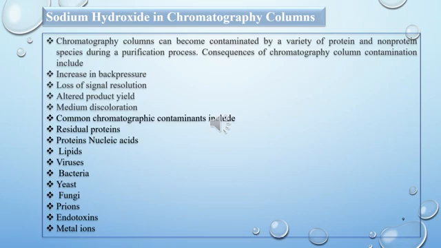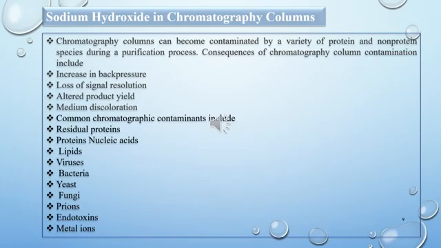The first point is, chromatography columns become contaminated by a variety of proteins and non-protein species during a purification process. Dear students, as you know, chromatography is a purification or separation technique.